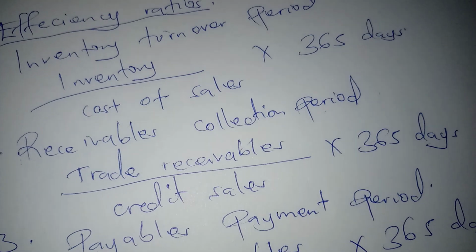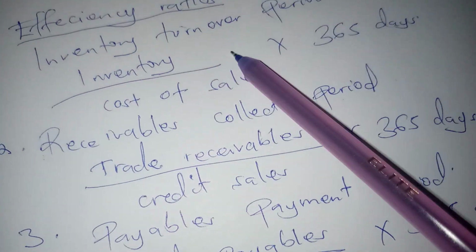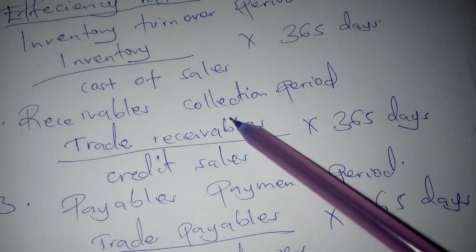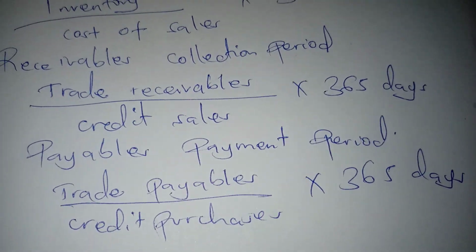So those are the main three efficiency ratios that we are going to be using: inventory turnover period, receivables collection period, and then trade payables payment period.